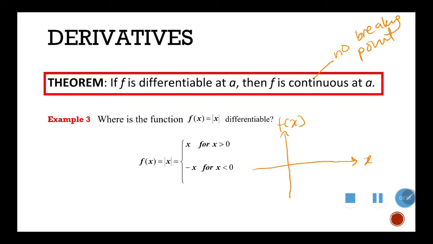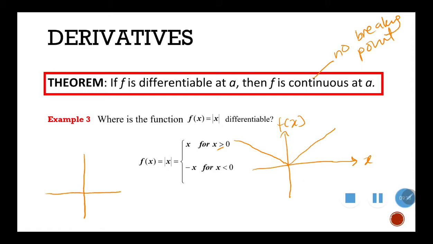For x equal to or larger than 0, the value is x, and for x less than 0, the value is minus x. Why is it like this?